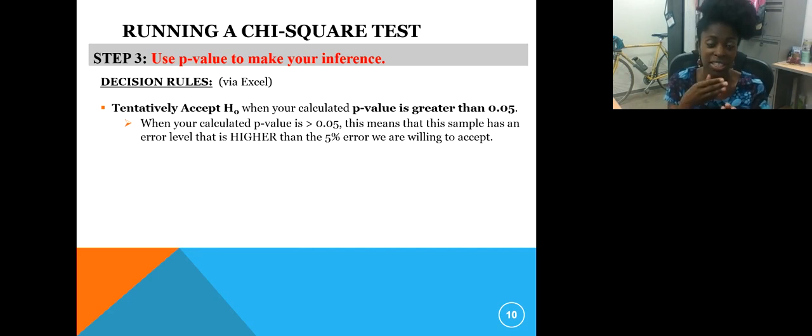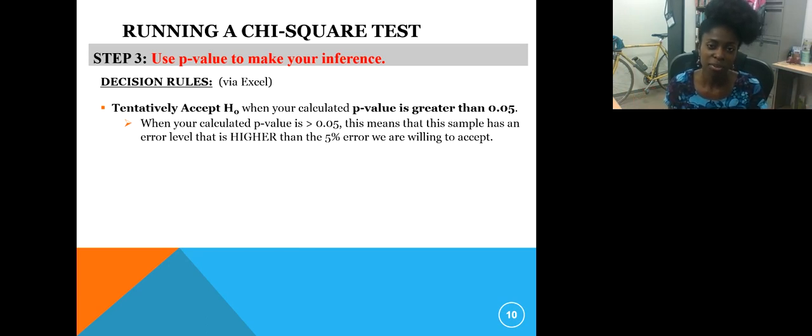So when your calculated p-value is greater than what we're willing to accept, which is only 5% error, anything higher than that, we're not comfortable with. In some disciplines, it's much higher than that. In some disciplines, they say 90% confidence is okay.